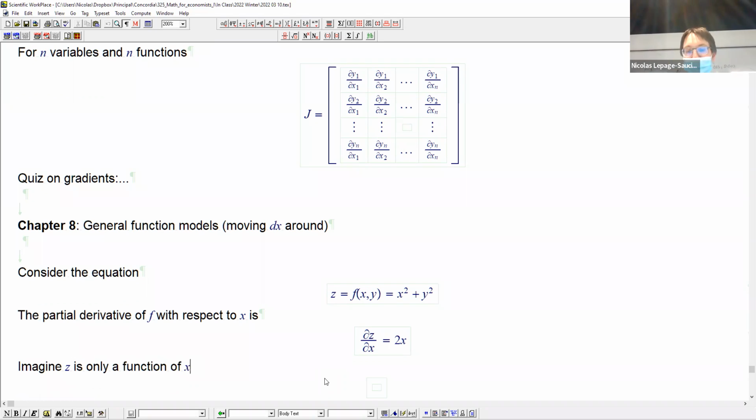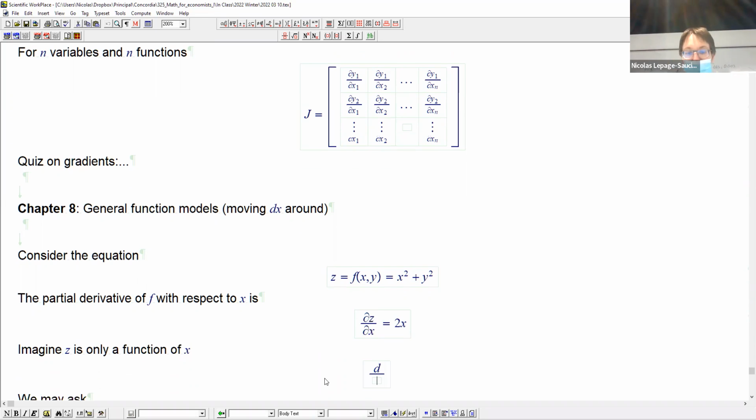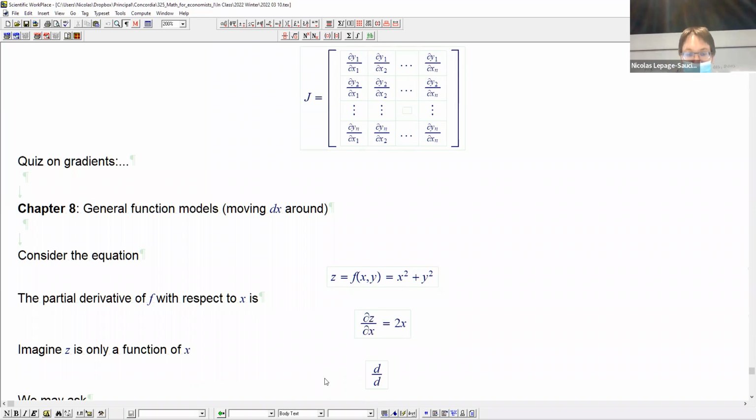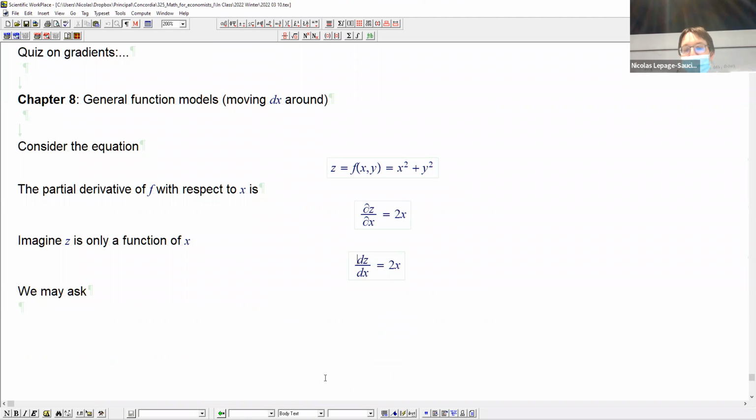This is just to not bother about the partials for now, because at some point it's just a formalism. There's really no big difference between the Latin d and these curly ds. It's just a convention that we use. But I want to leave them this way.